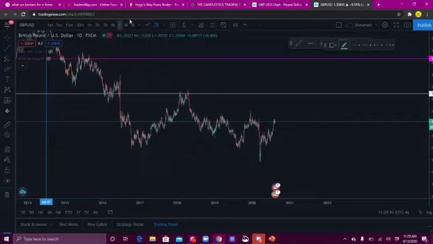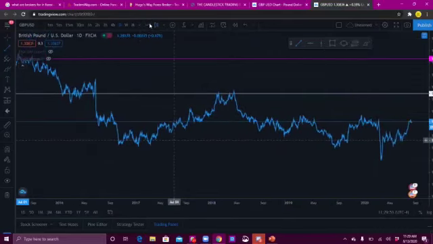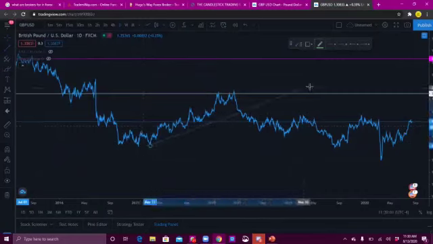So what we like to do is, this is called a line chart. You have candles and you have a line chart. I'm going to switch it to a line chart so I have a cleaner idea of what's going on. Now, you see how you have this going up? If you take a trend line from the bottom and stretch this line across, you see how it touches there multiple times?